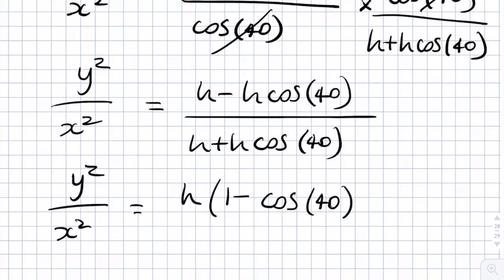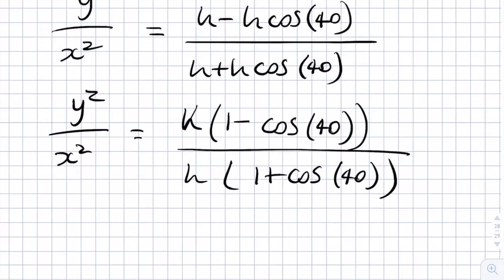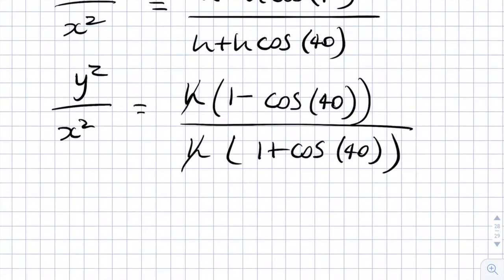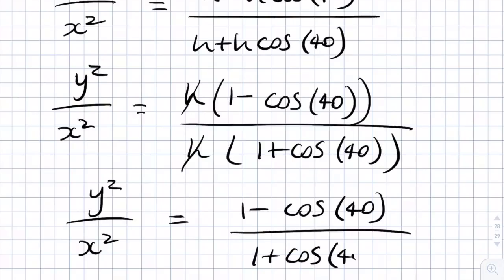So we take out a factor of h from the top and the bottom. You'll see that those h's cancel out, and you are left with y squared over x squared equals 1 minus cos 40 over 1 plus cos 40, which I've definitely seen as one of our answers.